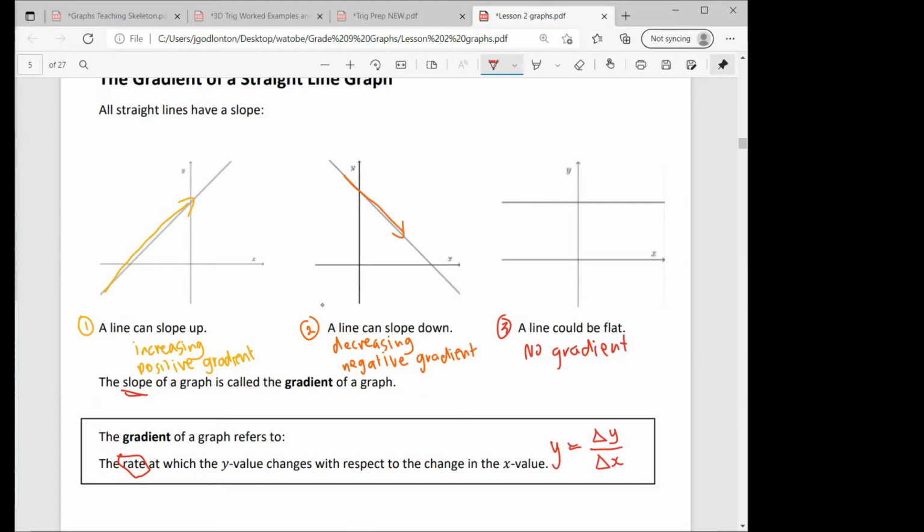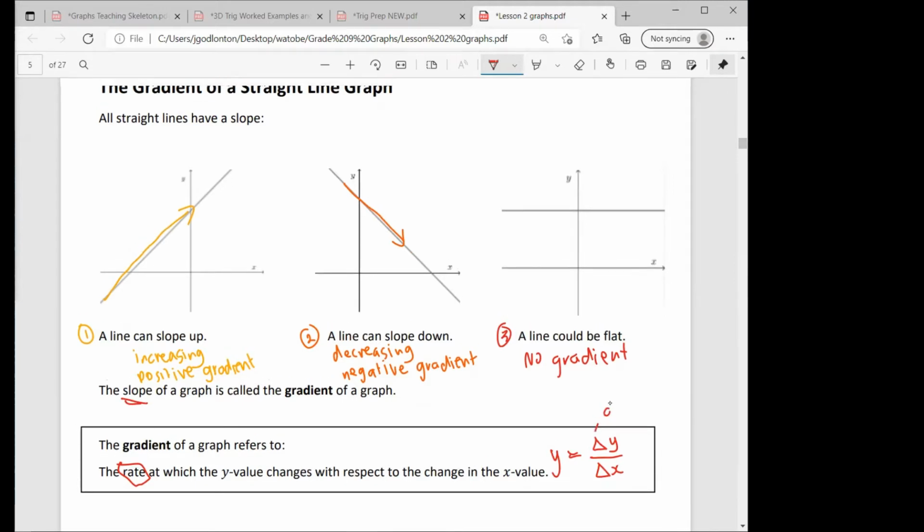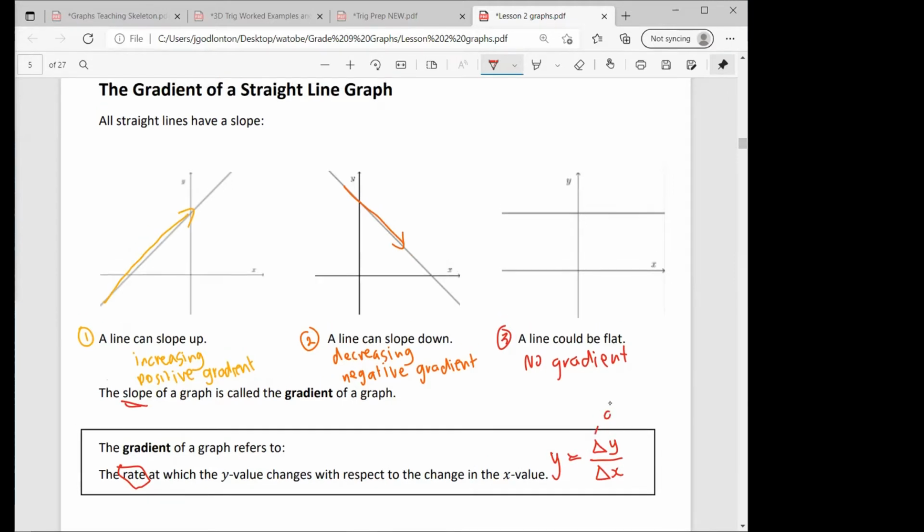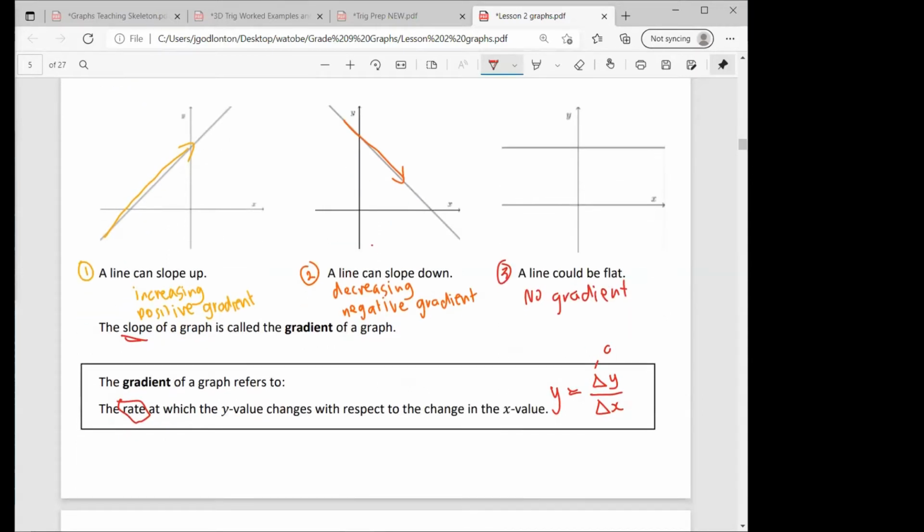That little triangle means change. So it's the change of y over the change of x.